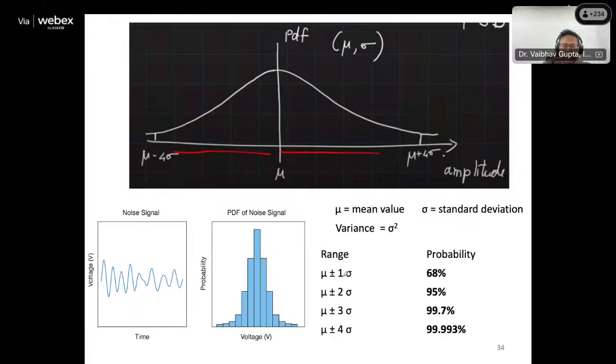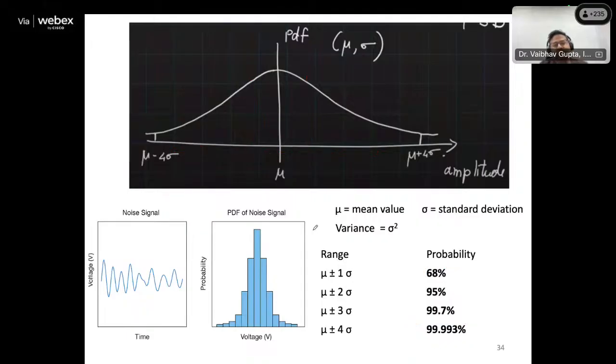If you go just 1 sigma away, roughly 68% of the probability is covered, meaning everything lies within this range, which is 1 sigma in the positive direction and 1 sigma in the negative. And if you keep increasing, if you go 4 sigma this way and 4 sigma in the other direction, you have roughly 99.99% of the fluctuations covered.